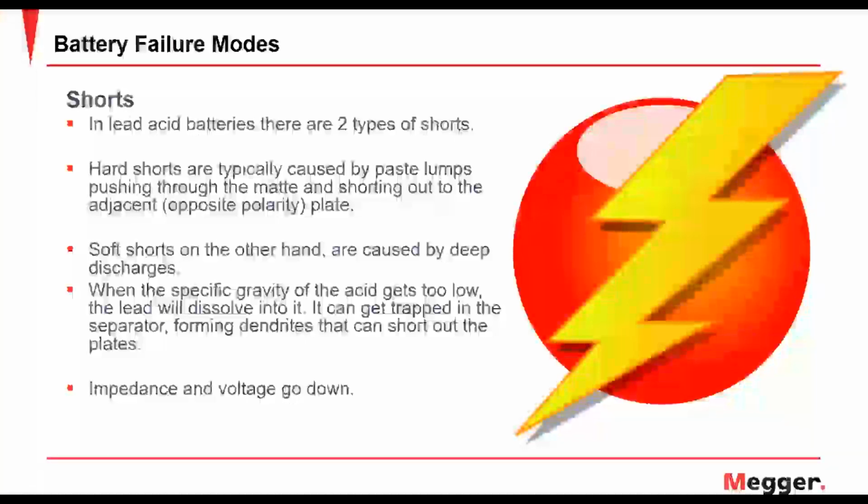If you go below that, you will start getting some soft shorts, which over a long time could result in a lower specific gravity, which we'll talk about later on, and could lower the capacity of your battery. This failure mode can be detected because the internal impedance of the cell goes down, so we can detect it easily with an impedance test of the battery.